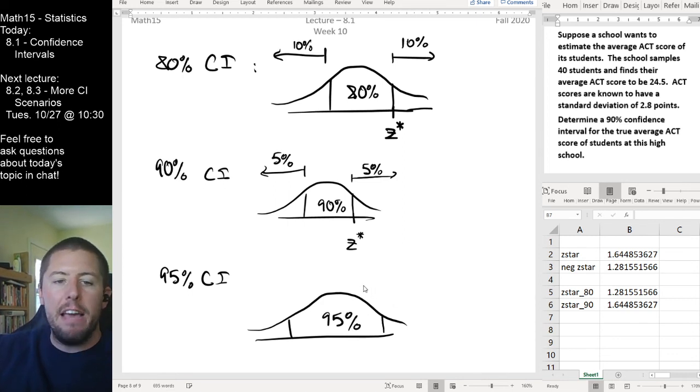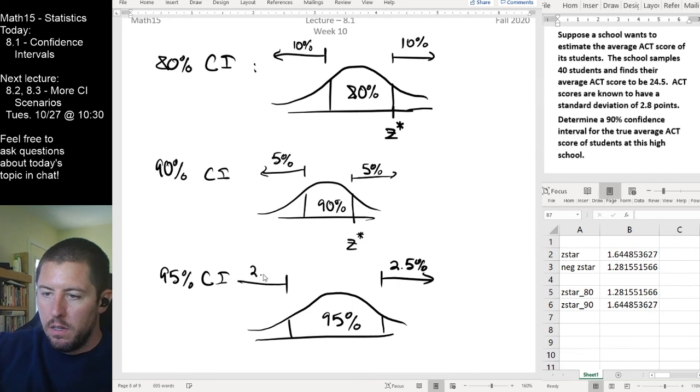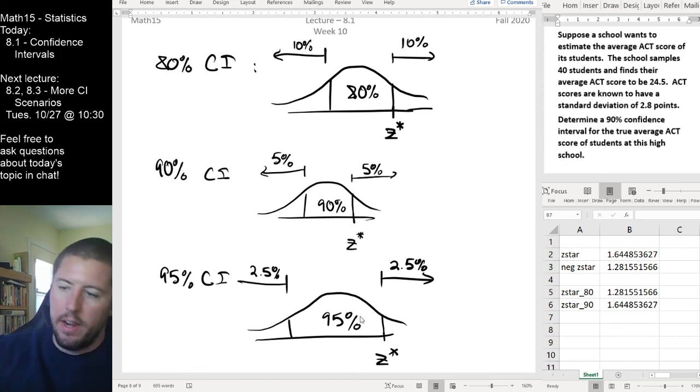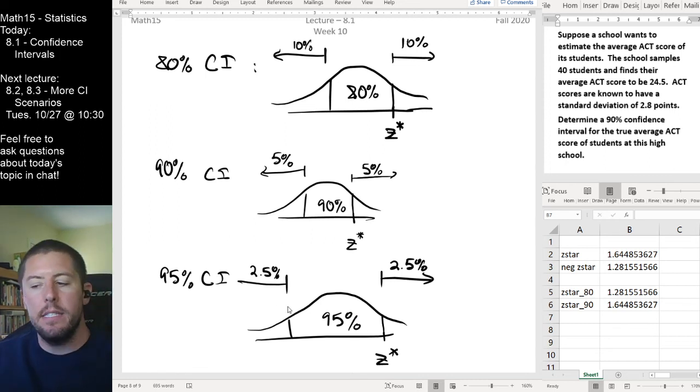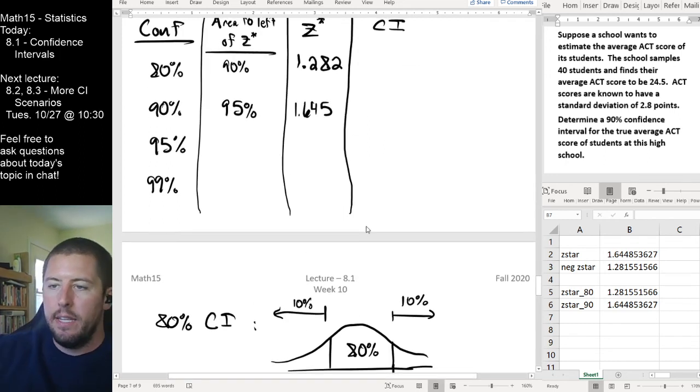That means that there's 5% remaining in the tails, and 5% divided by 2 is 2.5% in each. And therefore, if my z-star value is the upper bound of that cutoff right there, then 95 plus 2.5 is the area to the left. That's 97.5% of the area to the left.